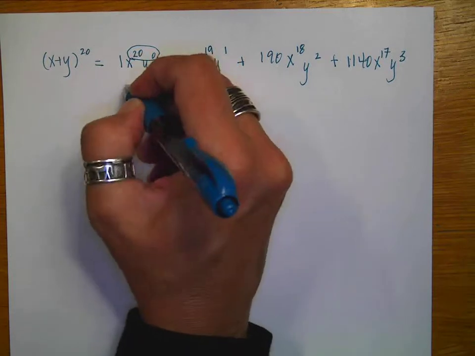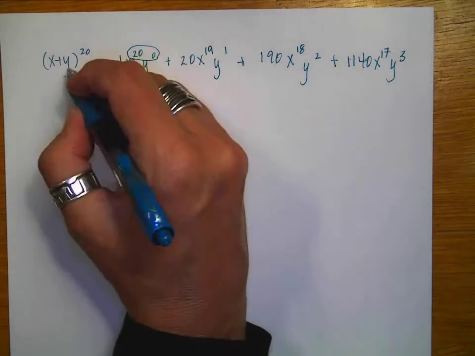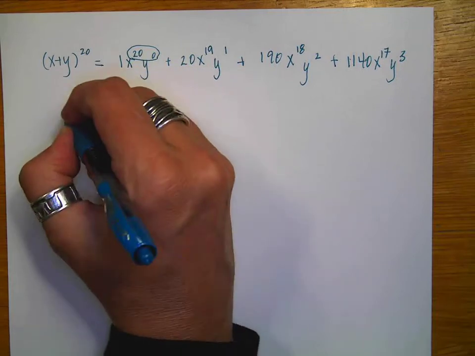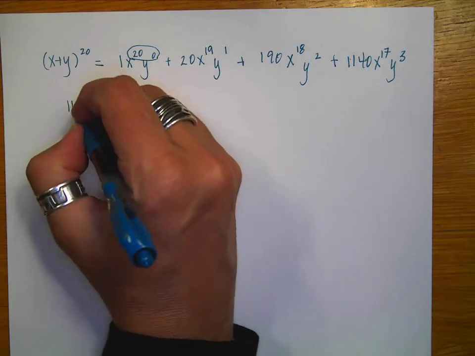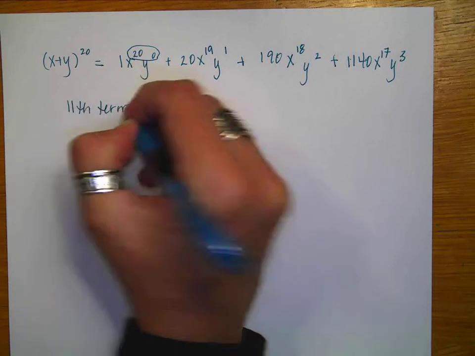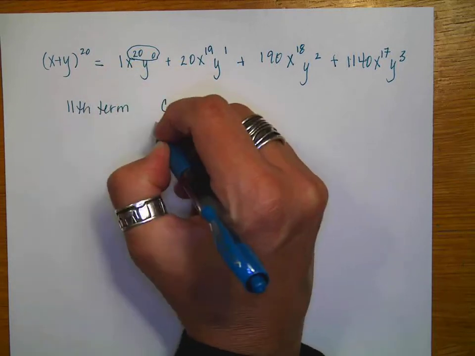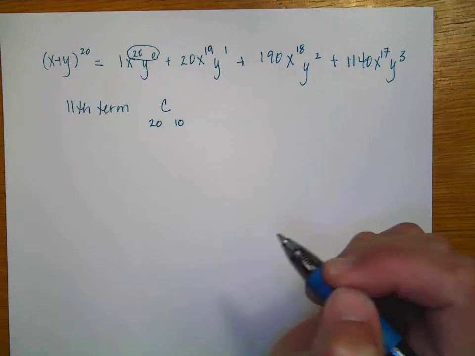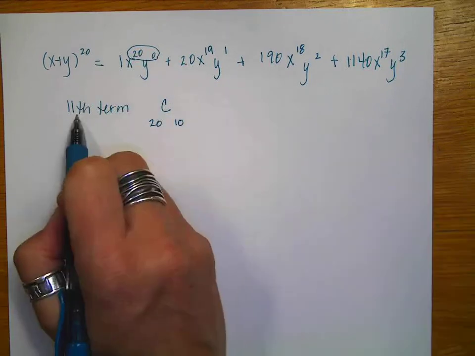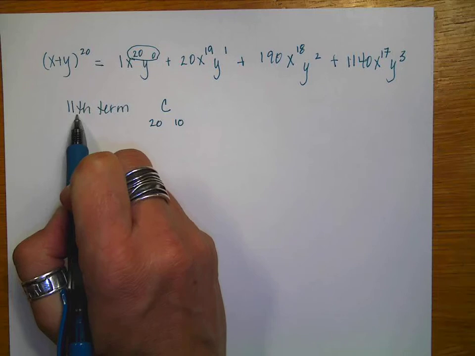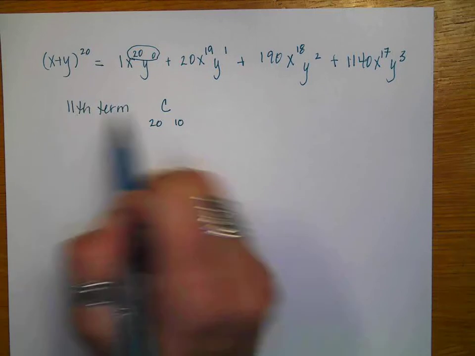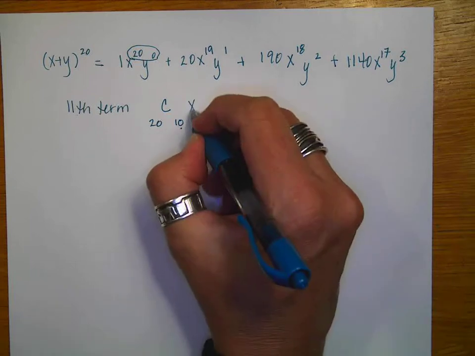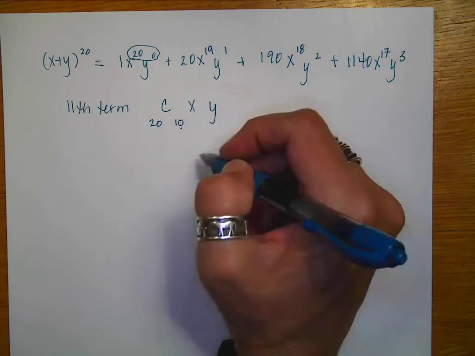Alrighty? The next thing that I would have you notice is if I wanted to do this with combinations and generate, let's say, the 11th term. That's going to be the combination of 20 choose 10, because remember I start every row with the 0, so 0 to 11 is going to be 10, right?